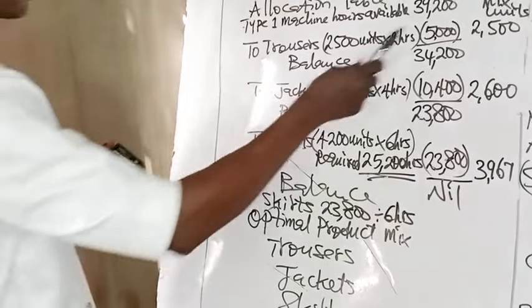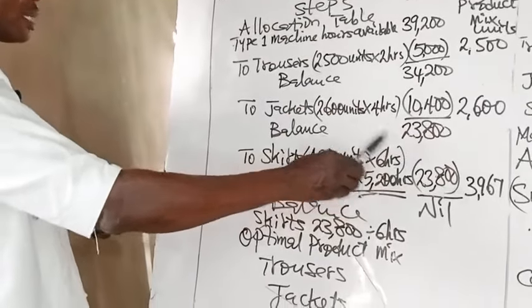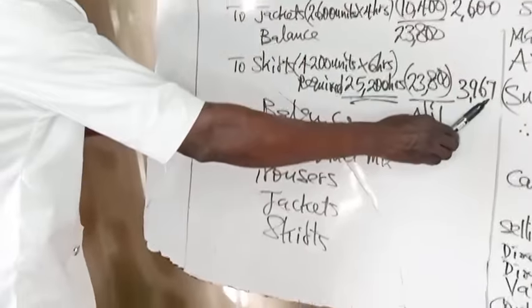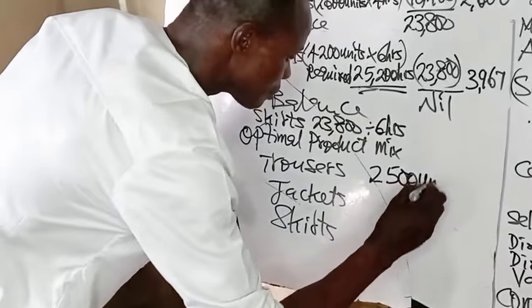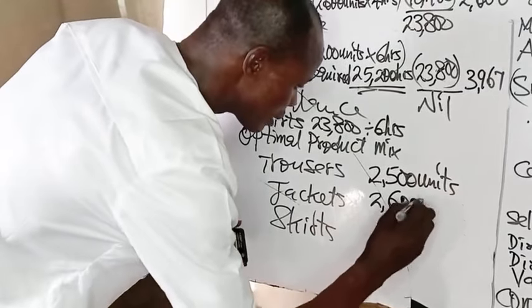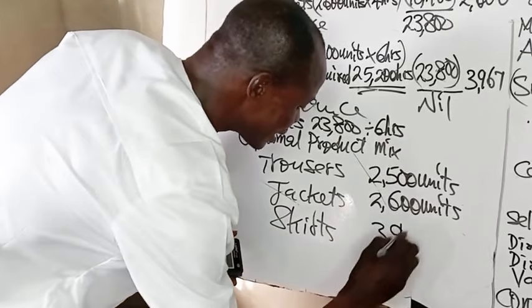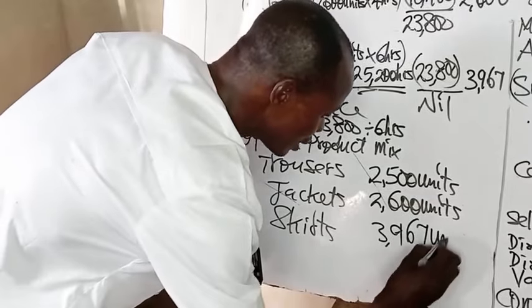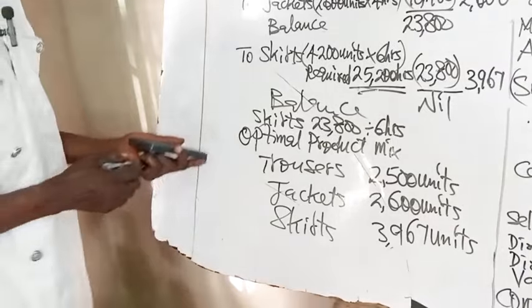You'll be able to produce 2,500 units of trousers, 2,600 units of jackets, and 3,967 units of skirts. That is the solution to the first part of the question.